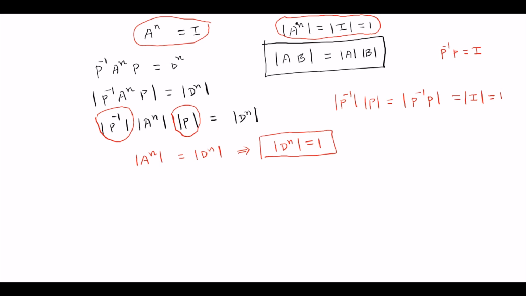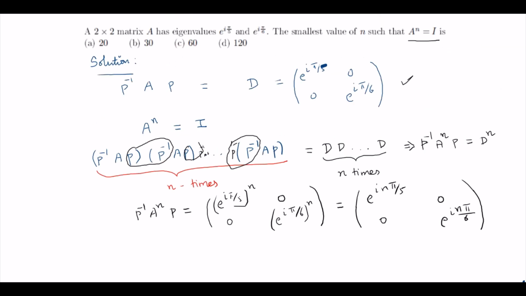What is D^n? D^n is this quantity. So we have to calculate the determinant of this quantity.